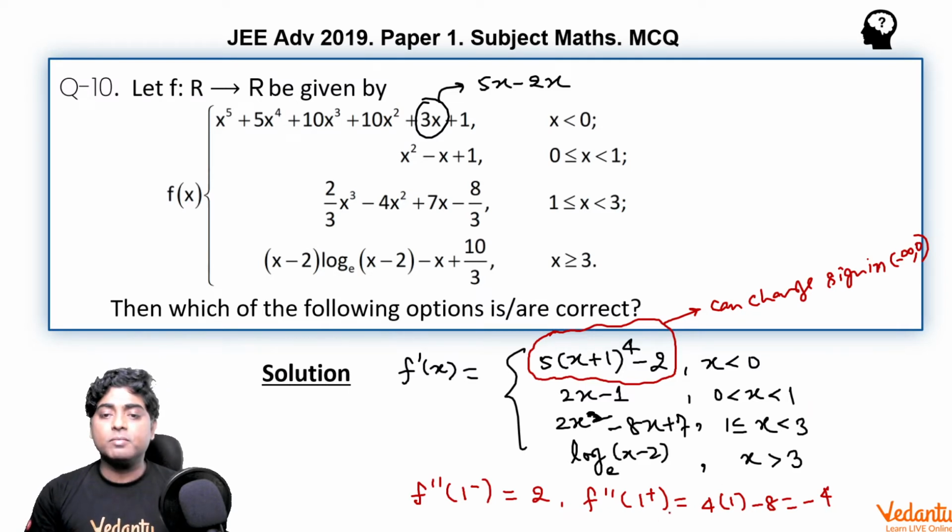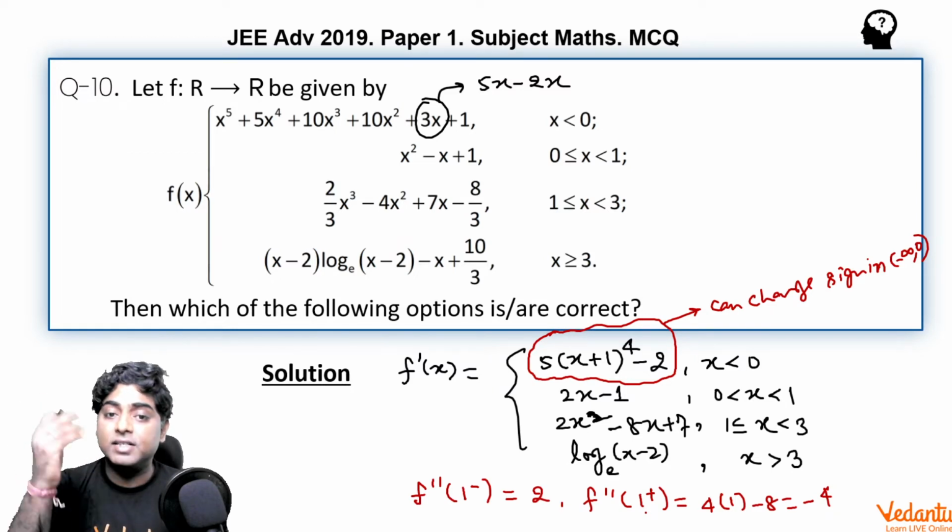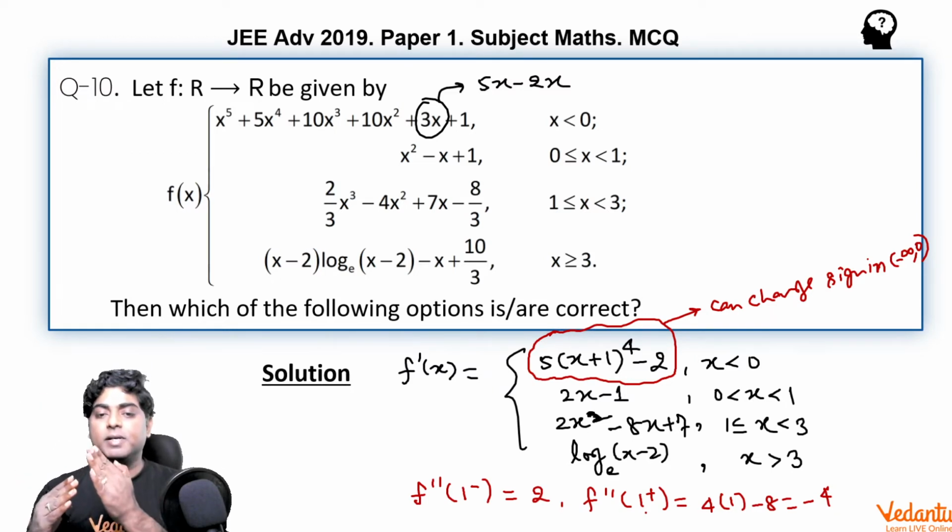And again from here we can easily see that the sign of the derivative of f dash, that is f double dash, changes from the left of 1 to the right of 1 from positive to negative. So, as far as the graph of f dash is concerned, there will be a sharp corner.